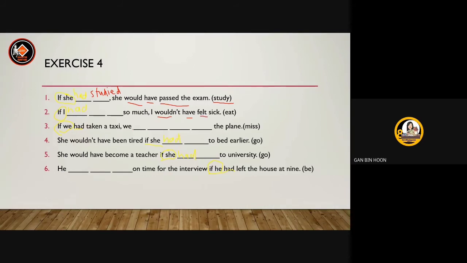Okay, so what's the answer? Number 2, number 3, number 4, number 5, number 6. Please do it now, okay? I'm going to keep quiet for maybe one minute. Try to answer because this is the most difficult.